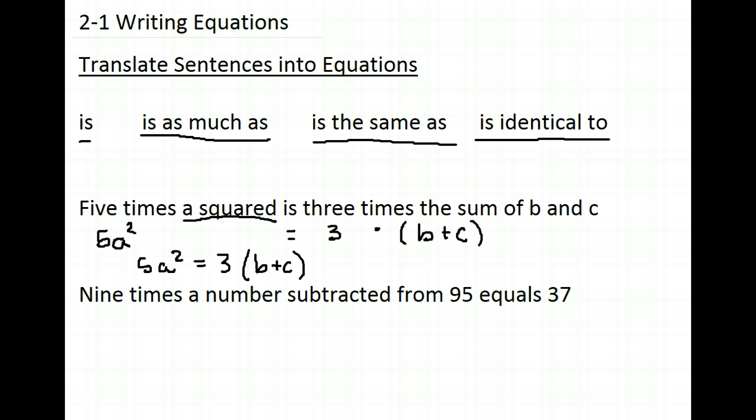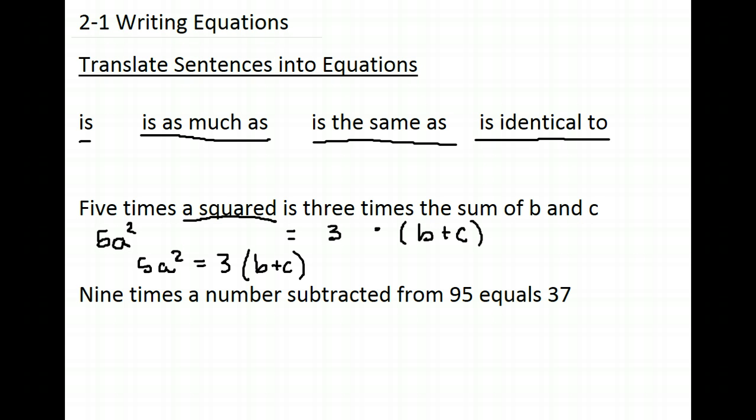Alright, another example says 9 times a number is subtracted from 95 equals 37. So 9 times a number subtracted from 95 equals 37. Subtraction is a little more tricky. You know, where's our starting point? Do we start with 9 and take away the 95?